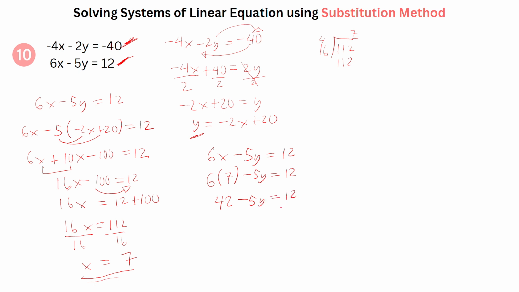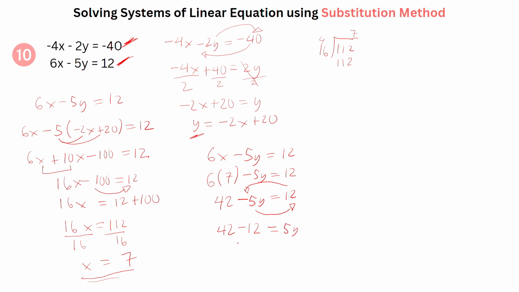Okay, the 5y here is negative, right? So to make it easy, I just have to transpose it already to the right side. And if we put the variable on the right side, we put those without variable now to the left side. So we will have now 42, because 42 is retained. Then the 12 now will become negative 12 because it was transposed, is equal to the negative 5y will become positive 5y.